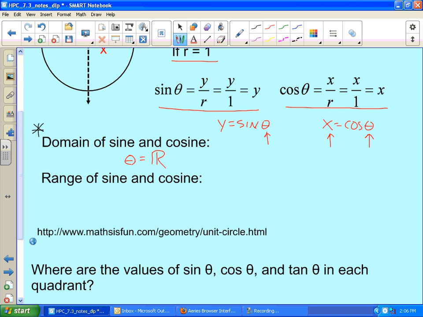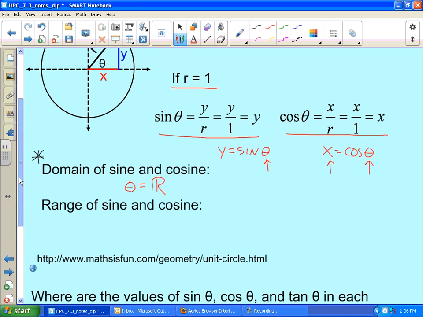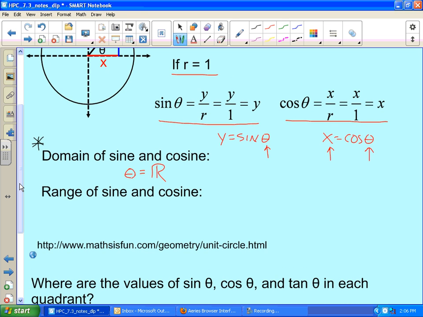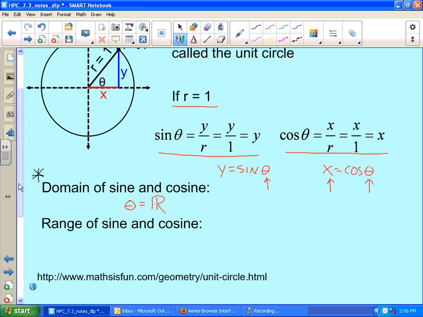Now in terms of the range, thinking about the fact that theta can be anything in both of those equations, y equals sine theta, x equals cosine theta. If I put anything in there, from 0 to 360 or 0 to -360, doesn't matter. Since it's a circle, I'm going to get repeated y values all the time.